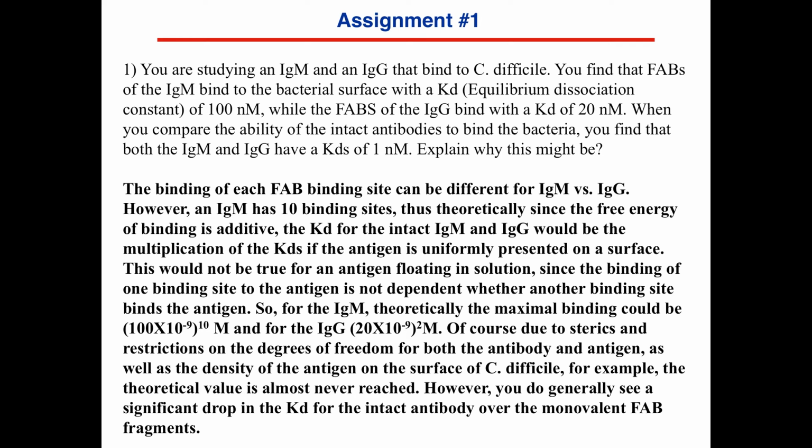You can read through this answer, and I think that should be self-explanatory. The bottom line is that IgMs can stick to bacteria with high affinity because they have more than one binding site. And generally, IgGs do have high affinity, but their binding sites have higher innate affinity and lower KDs than, for example, IgM binding sites. But they are bivalent, so they need to have higher affinity.